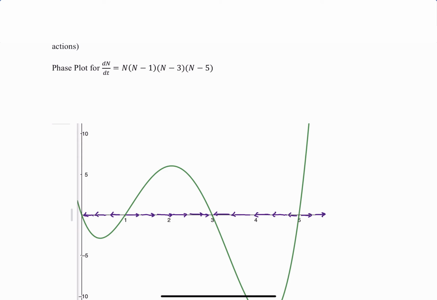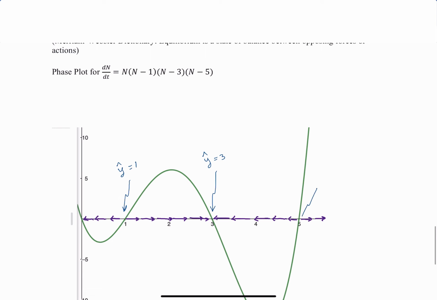Okay, there's our arrows. Notice that where the phase plot crosses the horizontal axis, we have an equilibrium solution. So we already verified that 1, 3, and 5 are equilibrium solutions.